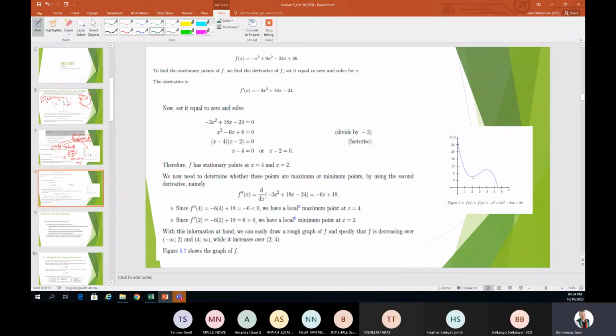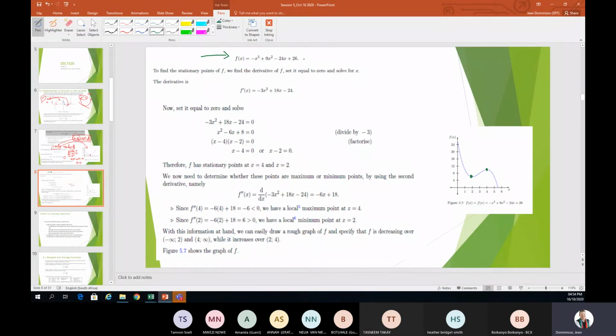Okay, so basically you need to work out the turning point there and the turning point there. To work out the turning point, you will need to differentiate that original formula.